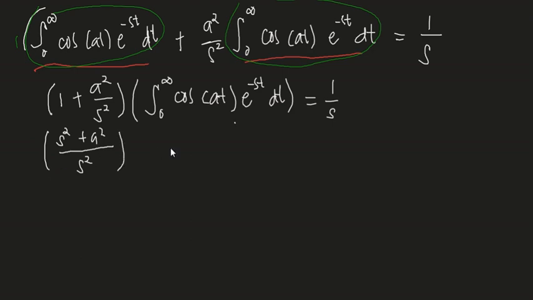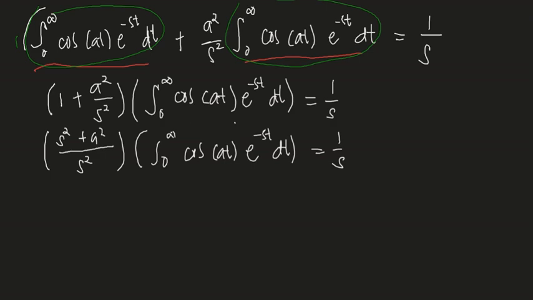So this is then equal to, copy ko lang, we have the integral from 0 to infinity of cosine at e raised to negative st dt is equal to 1 all over s. To simplify the equation, we are going to multiply the reciprocal to both sides of the equation.